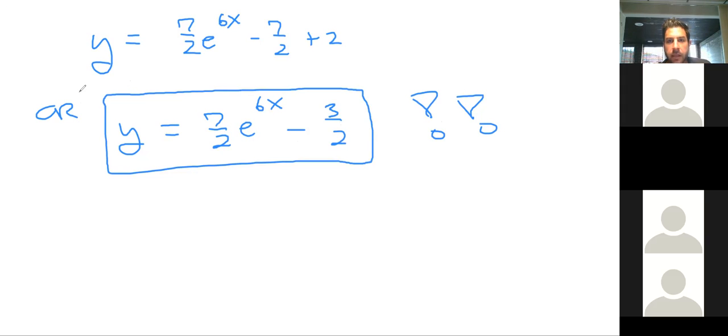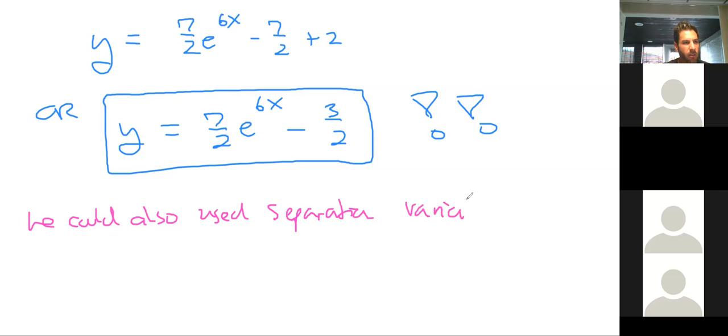So why do I say there's all kinds of awesome stuff that comes from this? Well, it suggests a very deep thing about differential equations because we could have also solved this by separation of variables. So you could have written this equation. Remember, we had y prime equals, what did we start with? 6y plus 9, right?